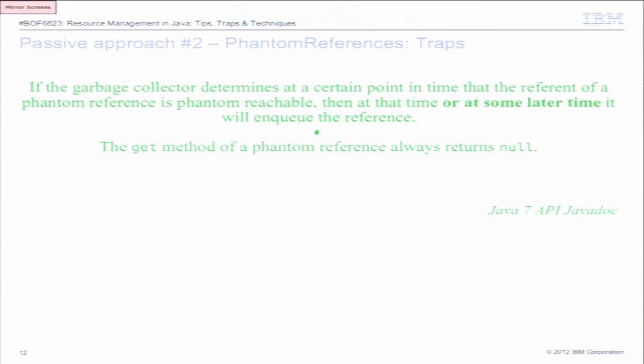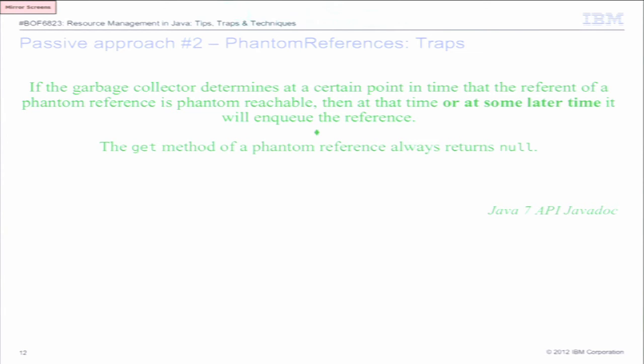So when I was talking about finalization, I said it's dangerous that you get a reference back to this. So this is the thing that effectively prevents you from getting the equivalent, because you can't get a reference back to the real object.